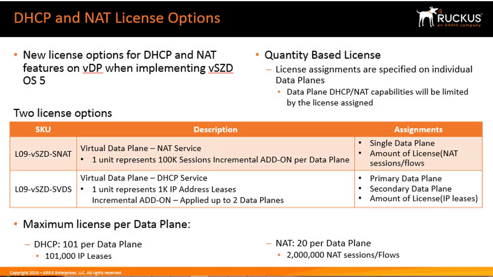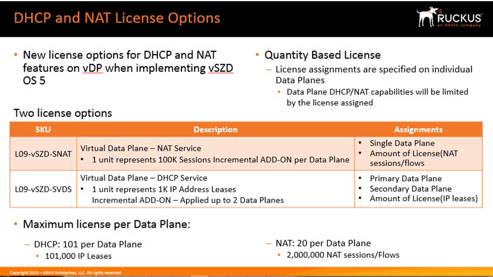On the virtual data plane, when it comes to DHCP service, we can see that one unit represents 1,000 IP address leases, and incremental add-ons can be applied up to two data planes for that single license. And that license can be divided or applied to the primary and secondary data plane.